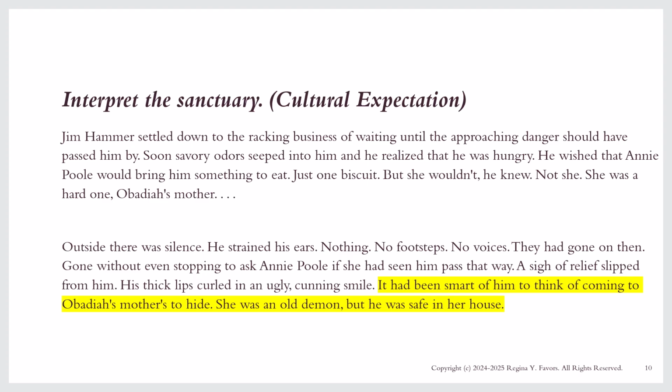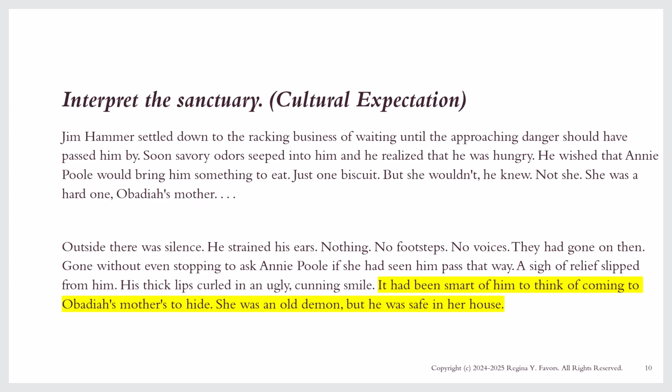So Jim Hammer settled down to the racking business of waiting until the approaching danger should have passed him by. Soon savory odors seeped into him and he realized that he was hungry. He wished that Annie Poole would bring him something to eat, just one biscuit, but she wouldn't, he knew. She was a hard one, Obadiah's mother. Outside there was silence. He strained his ears.